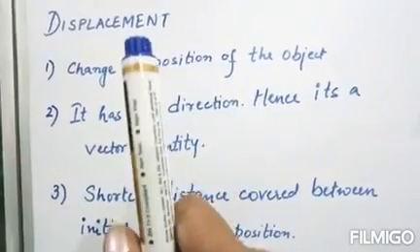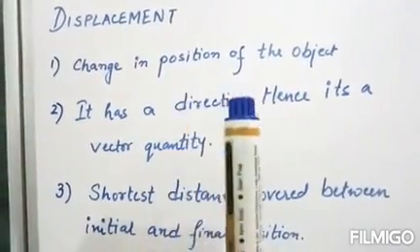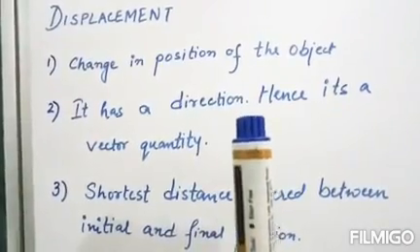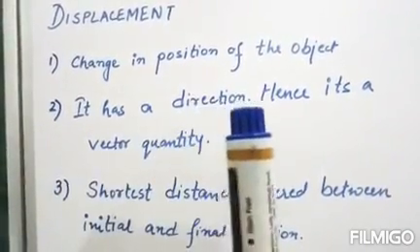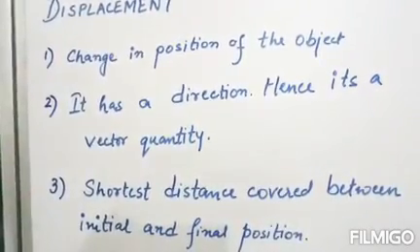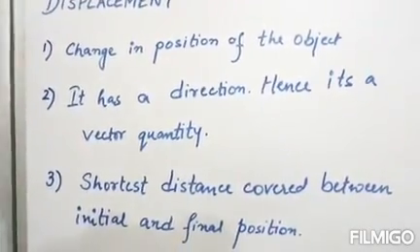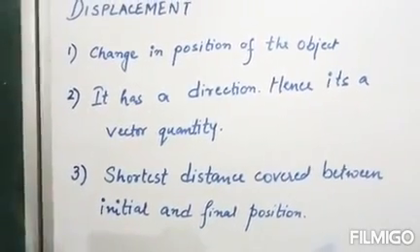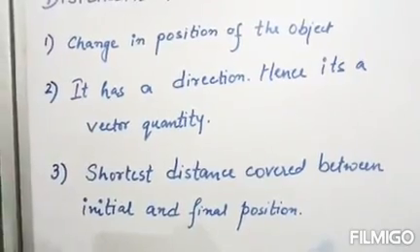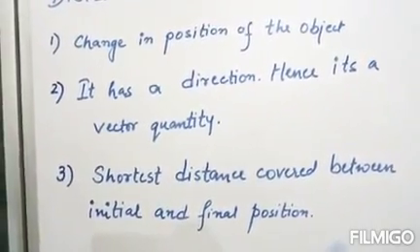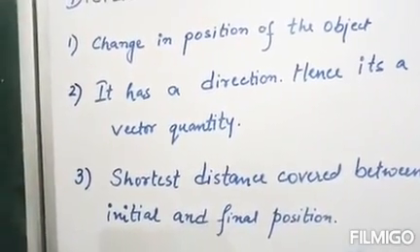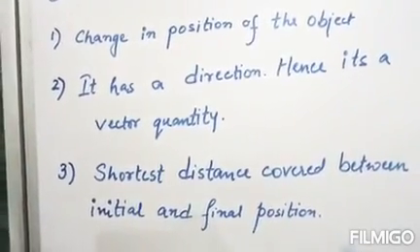Now, what is the difference between distance and displacement? Displacement has a direction. It will always have a direction, and as you all know, things which can be described by magnitude as well as direction are known as vector quantities.